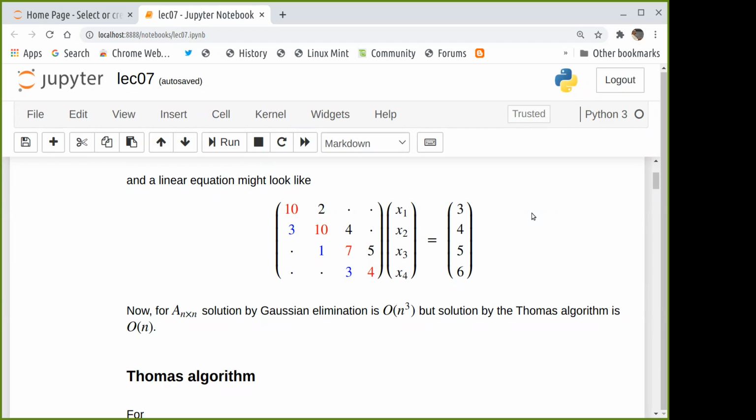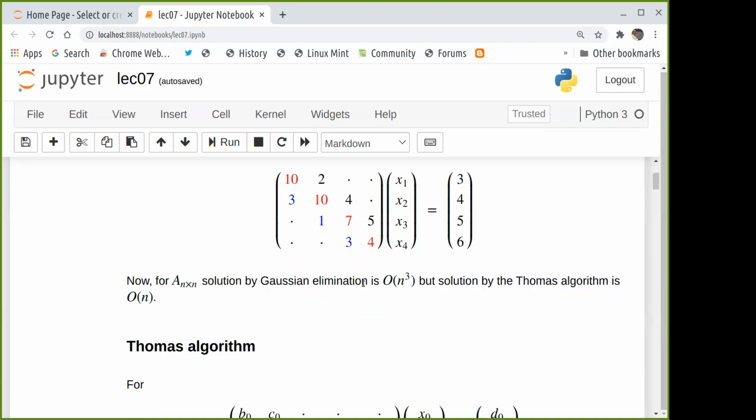Now, if you just look at this system, you don't have to go through all the steps of the Gauss-Jordan elimination because of all these zeros. So this is already very close to being in row reduced echelon form. So you just have to do one manipulation in the forward direction, and then you can do back substitution.